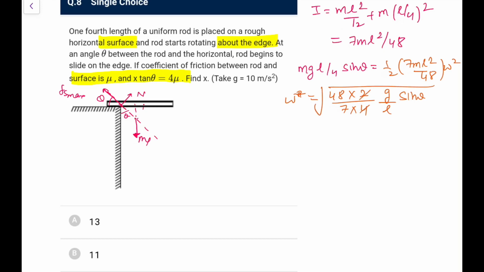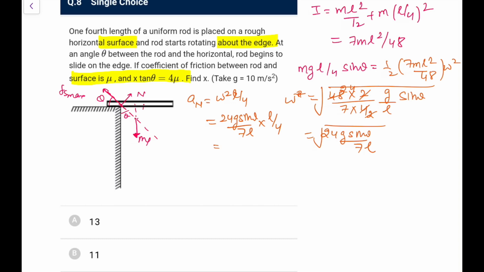So it is 2, 2, 24. So omega is root of 24 g sin theta by 7l. Therefore the normal acceleration or the centripetal acceleration of the CM is omega square l by 4. That comes out as 24 g sin theta upon 7l into l by 4. So it is 6g sin theta by 7.